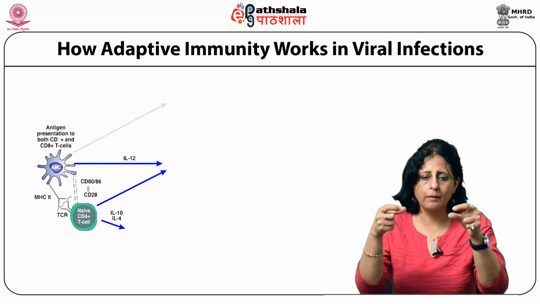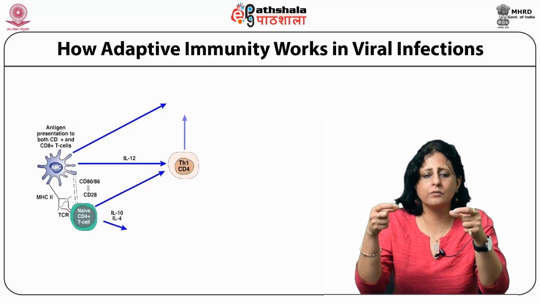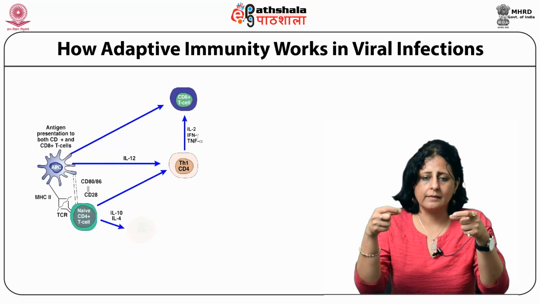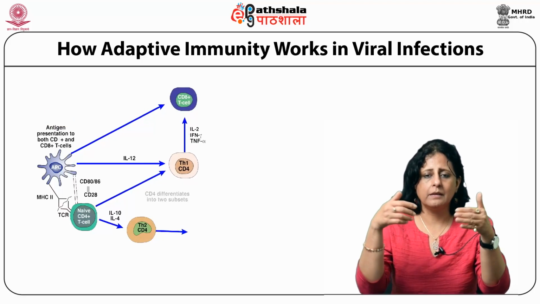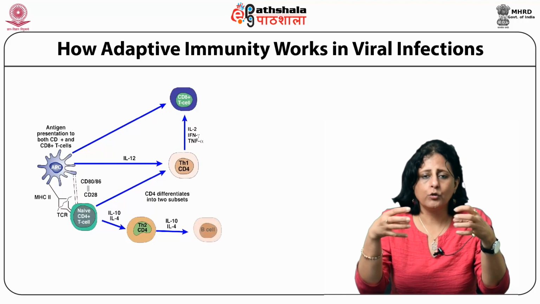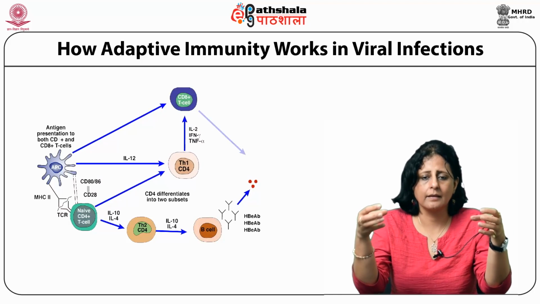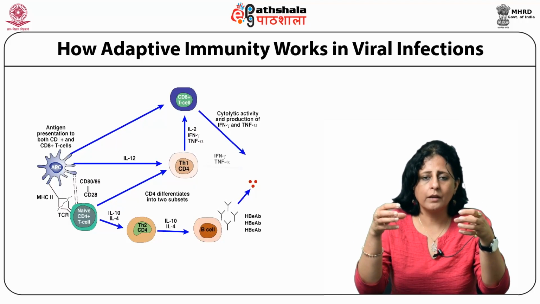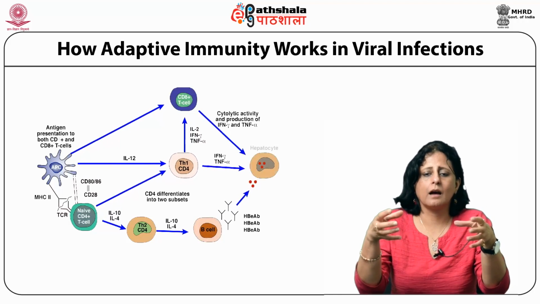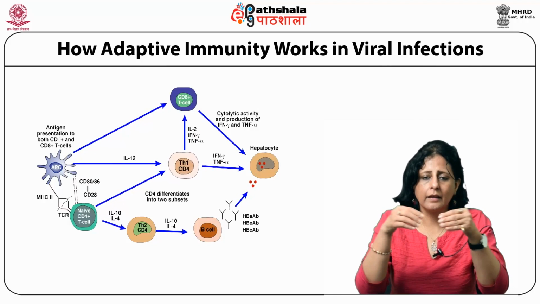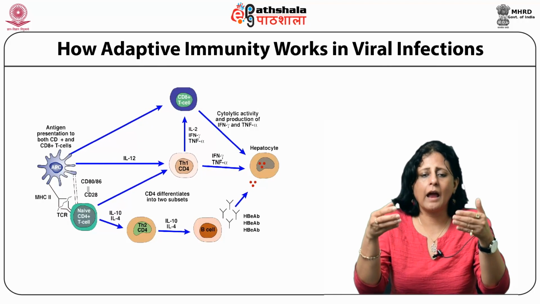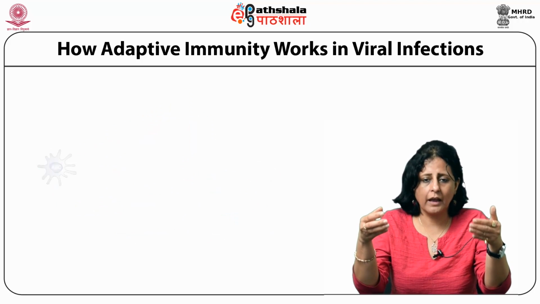Those helper T cells, which we call Th2 helper T cells, help the B cells to mature and to make antibodies against the viruses. And now these antibodies neutralize the virus and behave as an antiviral kind of therapy.